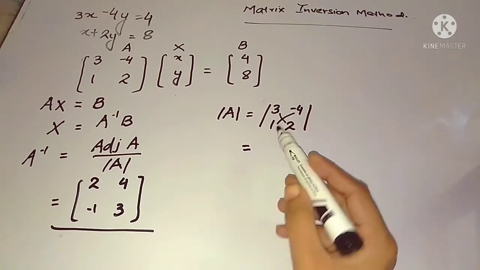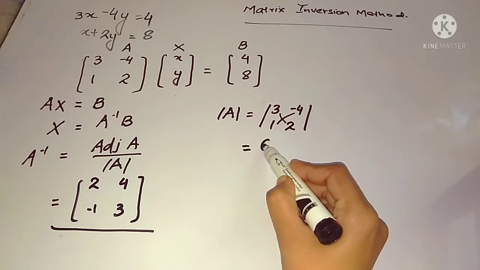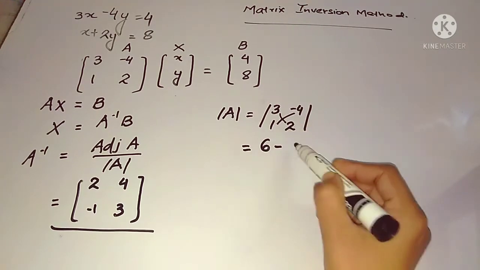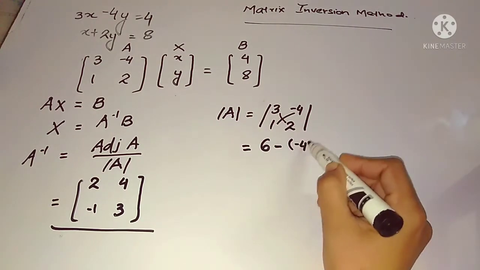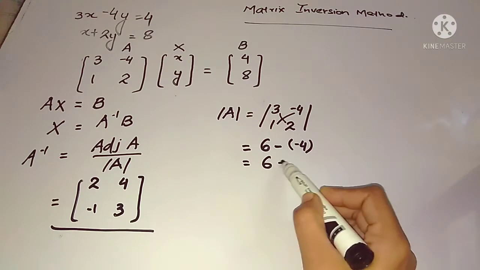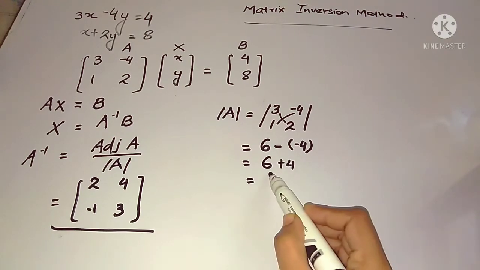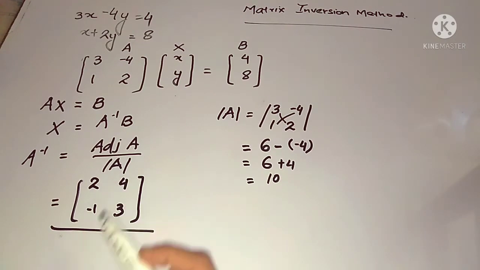So 2 3s are 6. It means that you have to cross multiply: 2 3s are 6, minus 4 1s are 4. You multiply the signs, so minus times plus is minus, so it is minus 4. So 6 minus minus is plus, 6 plus 4 becomes 10. So the determinant of A is 10.